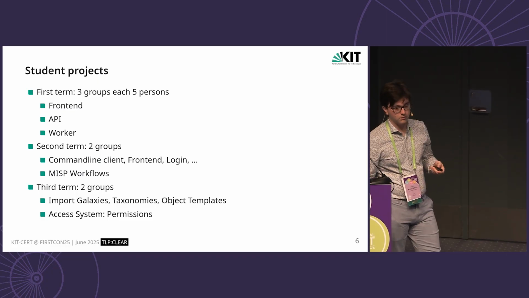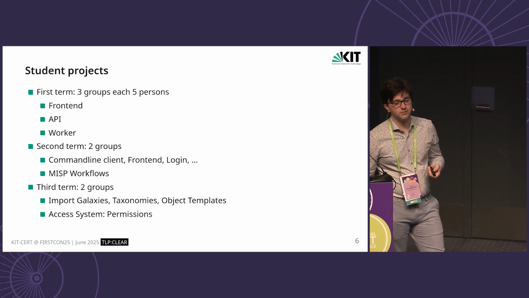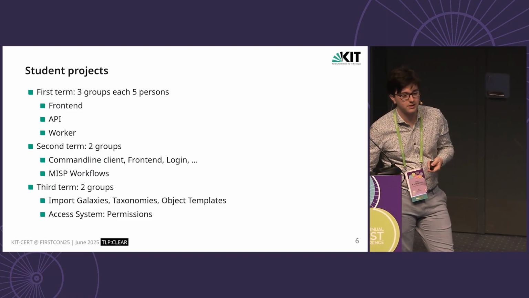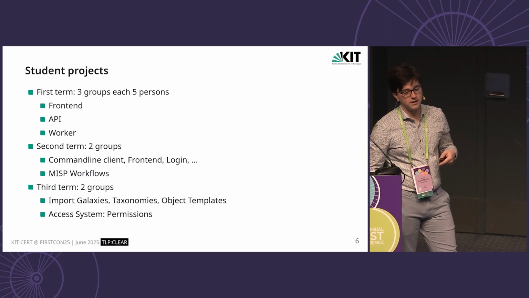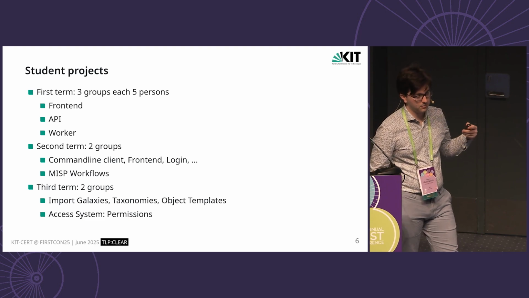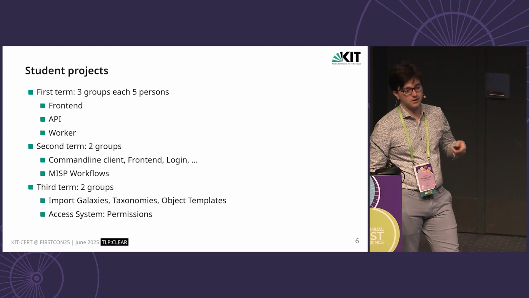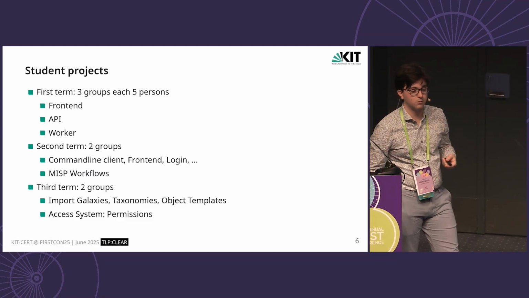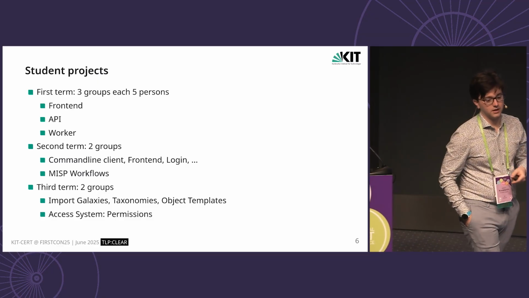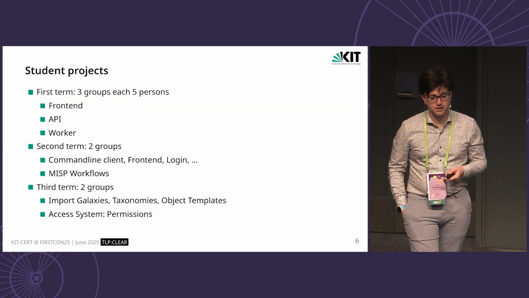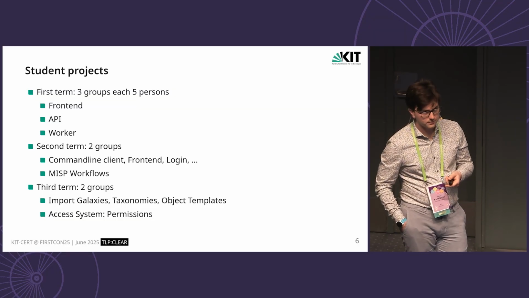In the second term, we asked, okay, what would be nice to have additionally? So one group was focusing on a command line client, another on synchronizing the backend or API with the front end, because previously it was different groups, and now we have one group that could play them together, and the other groups were implementing the MISP workflows.